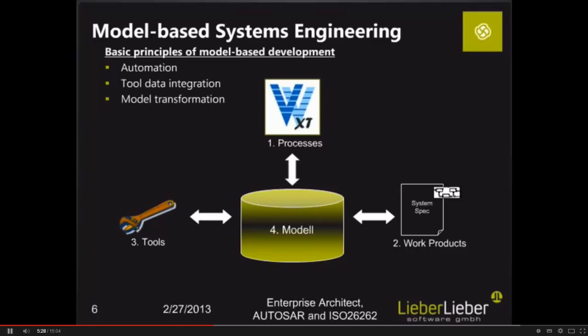So model-based systems engineering has basic principles like automation. You can do things with tools and you can automate steps. Then tool data integration. In many development areas you have not only one tool, not only Enterprise Architect, for example, but you have many tools, a tool for requirements management, a tool for functional safety management activities like FMEA and so on.